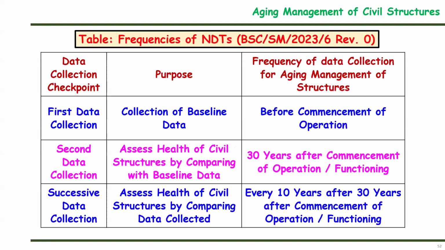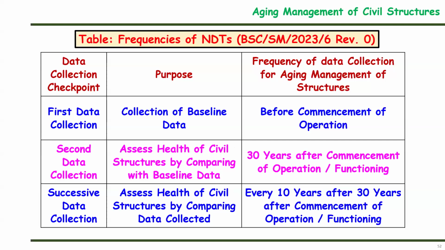First, data should be collected before the commencement of the operation, and this data will be known as the baseline data. Second, data should be collected 30 years after the commencement of operation or functioning of the structure, and this will be required to assess the health of the structure by comparing with the baseline data.